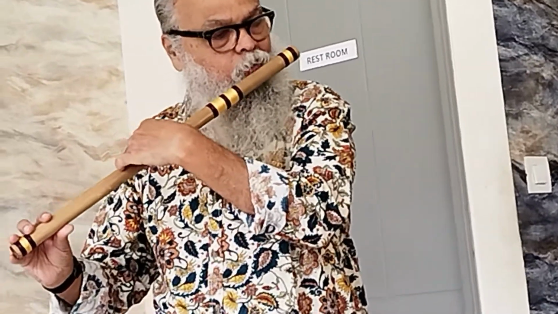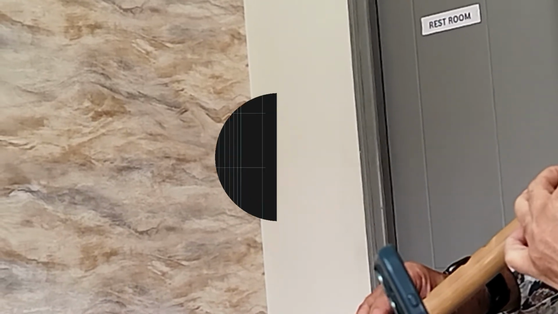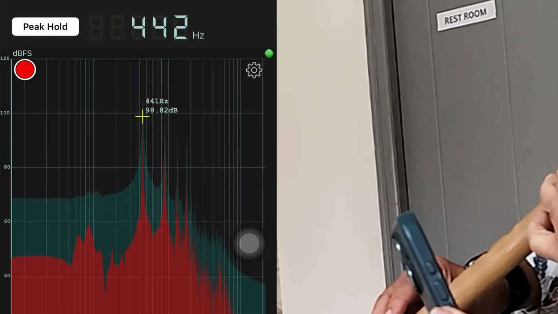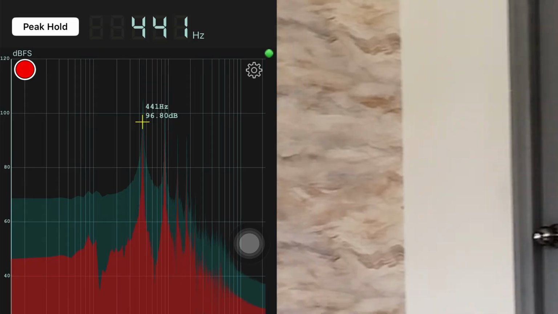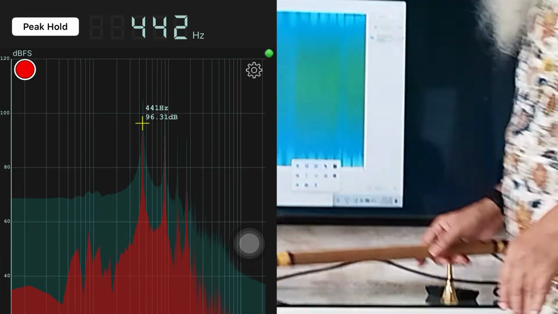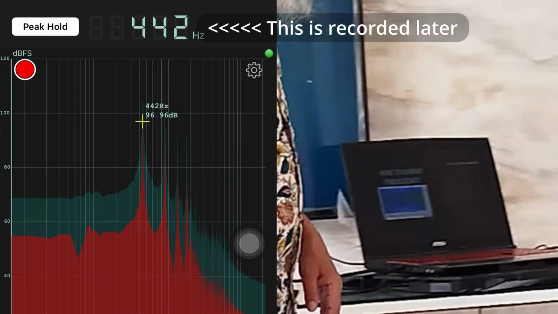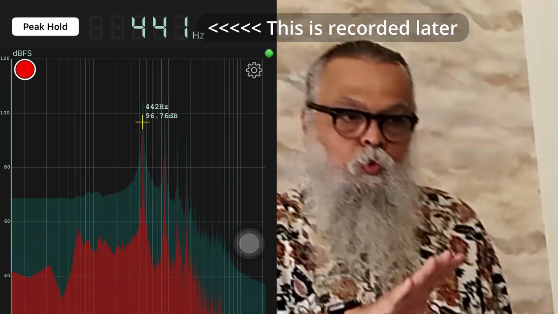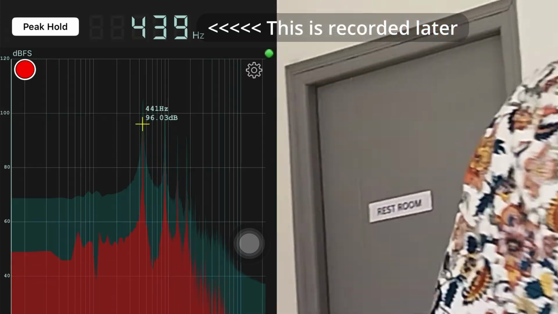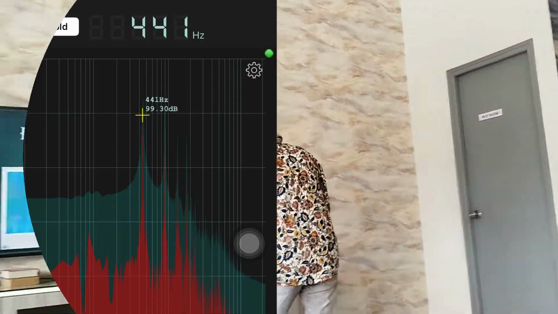I didn't play it properly or was not holding it right, so it should ideally show 440. The bassuri is slightly variable depending on how you hold it. But as I said, it was showing 450. So you can use apps or anything to actually find out the frequency.